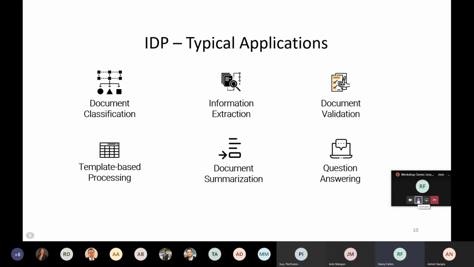So document validation. What document validation means is exactly what validation means. It means that you want to make sure that the document you're looking at has all of the content that it's supposed to have, or if you're looking at a whole series of documents together in a several page document, you want to make sure that all the documents are there together.